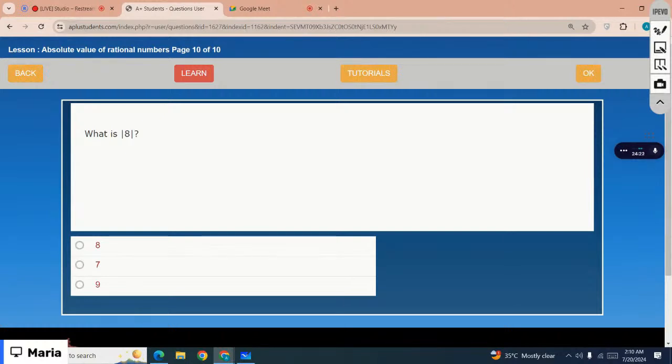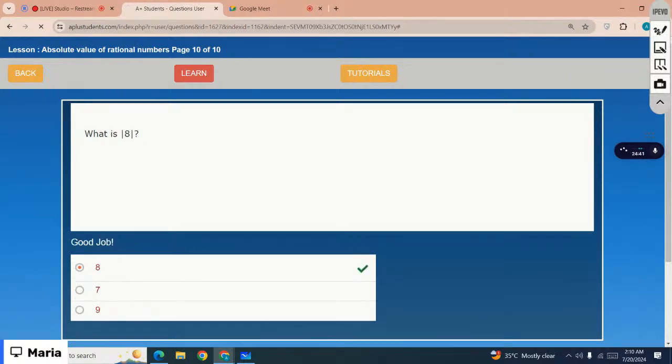What is the absolute value of 8? Yes, the correct option is option number 1. 8 is the correct option, right? Okay, we are done with the lesson. Let's just move on to the next lesson.